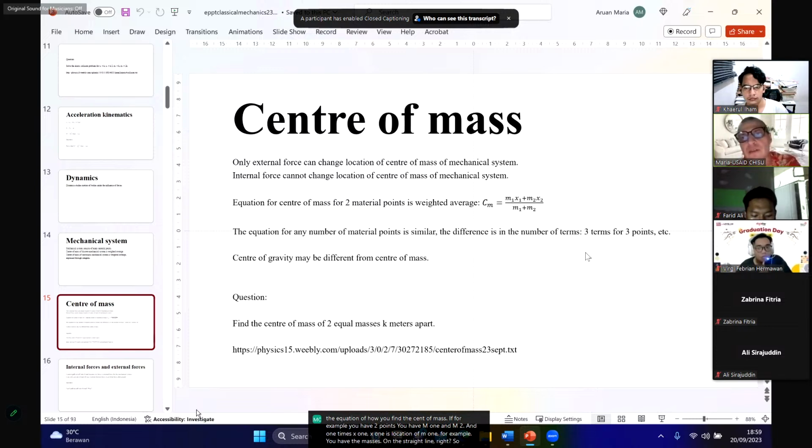So the first mass is, let's say, 1 kilogram, and the first distance is 1 meter. And then the second mass is 2 kilograms, and the distance is 2 meters, right? So you do 1 times 1, which is 1, plus 2 times 2, which is 4, so that's 5, divided by 1 plus 2, 3. So 5 divided by 3. This is going to be the location of your center of mass.